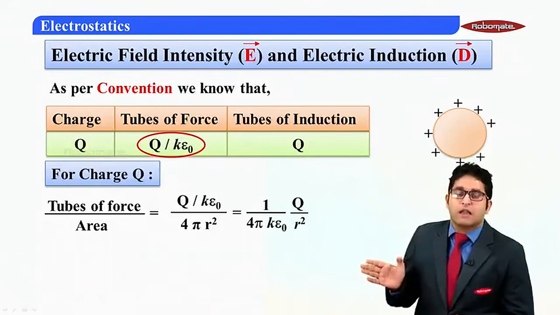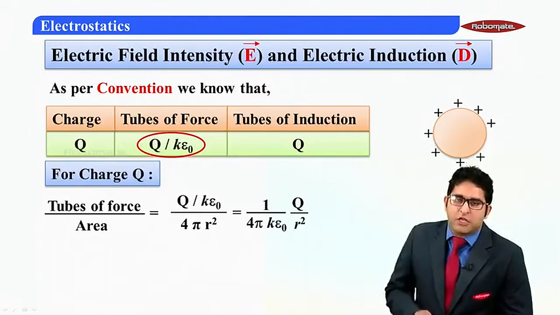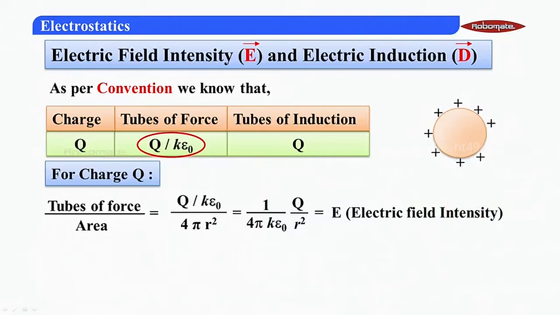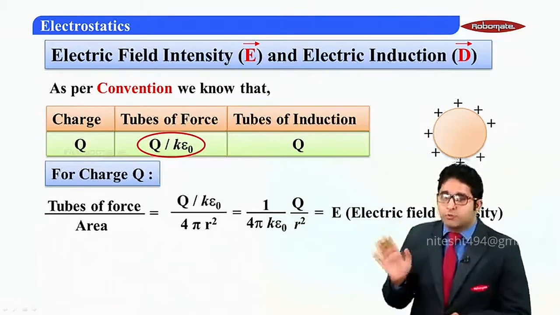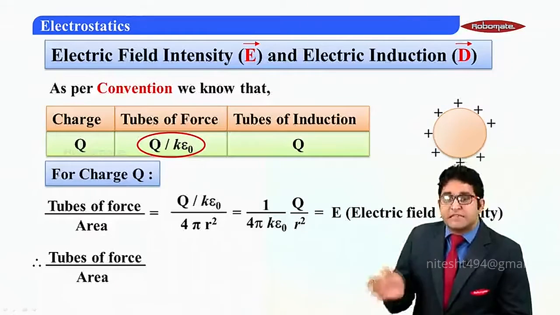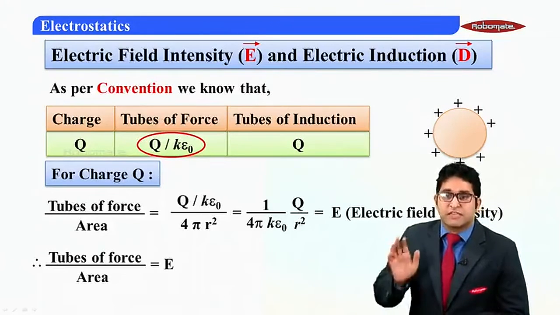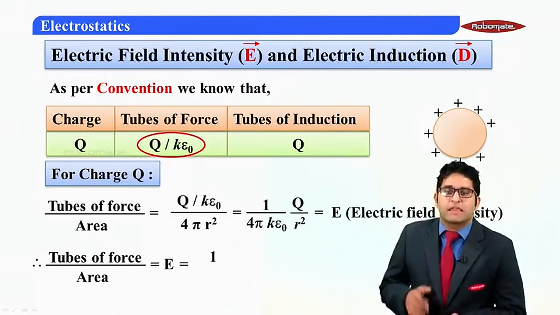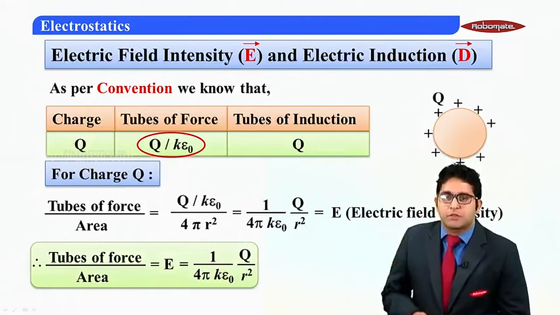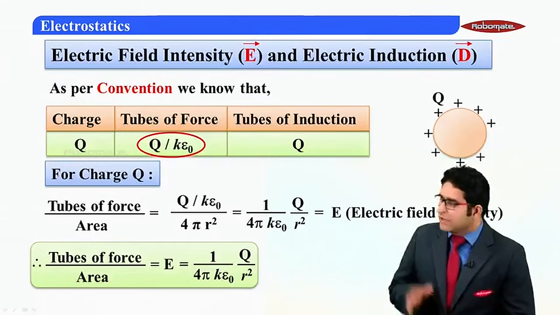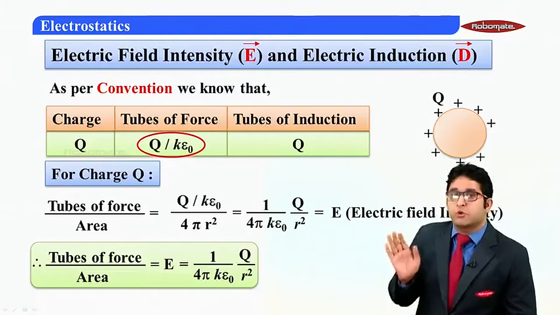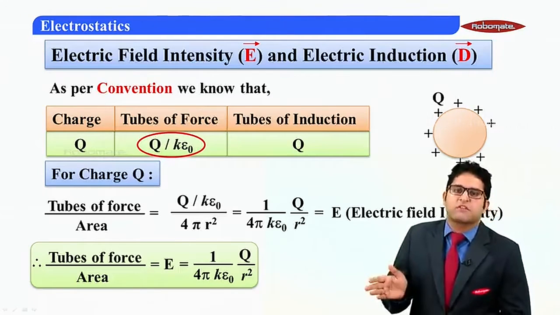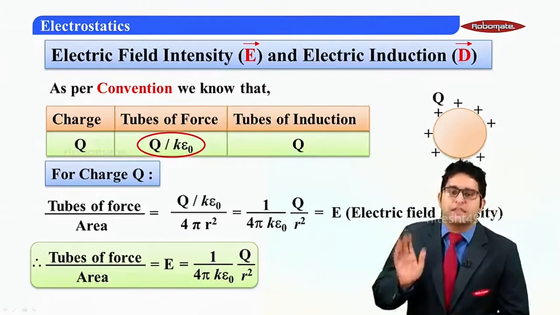And this is nothing but our electric field intensity, which is represented by symbol capital E. So students, thus I can say tubes of force per unit area is equal to capital E, which is electric field intensity, and it is equal to 1 by 4 pi k epsilon naught into capital Q upon small r square. Right? So this is the basic relation between tubes of force and electric field intensity. So what is electric field intensity? It is tubes of force per unit area.